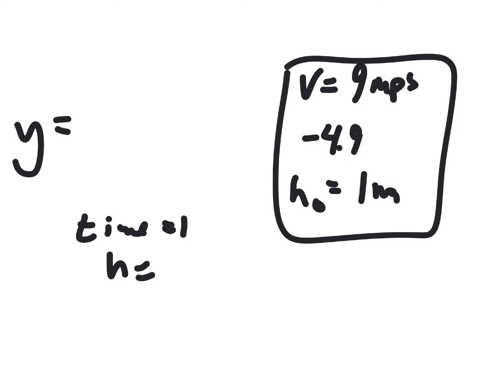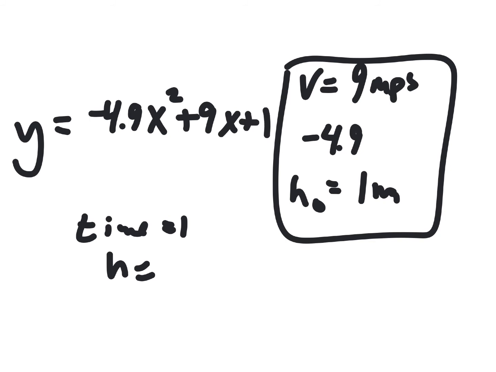Pause for a sec. Okay, so I would have written negative 4.9. I can say x squared, or I could have said t squared, either way. My velocity was 9, so that goes there, x. And then my starting height was 1, so plus 1. That makes sense to you so far?